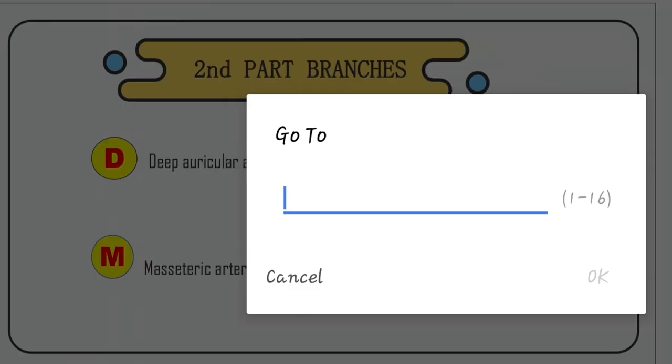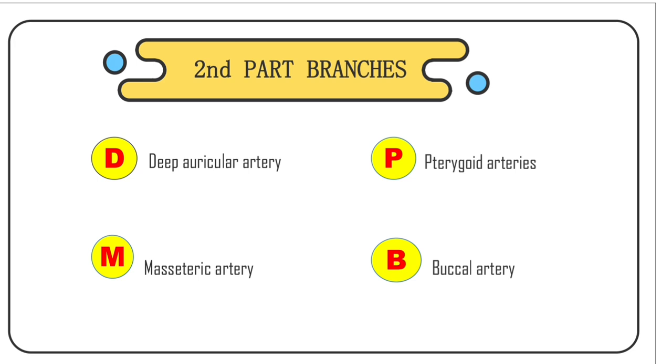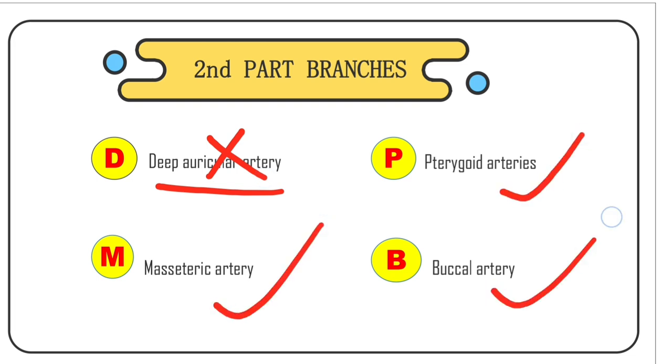So coming to the second part, we have 4 branches in the second part of the maxillary artery: deep temporal artery, pterygoid artery, masseteric artery and buccal artery. The second part of the maxillary artery is mainly involved with the muscles of mastication. Not deep auricular, but deep temporal artery.